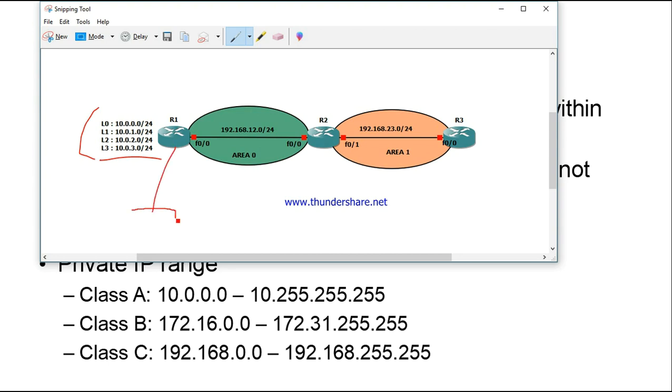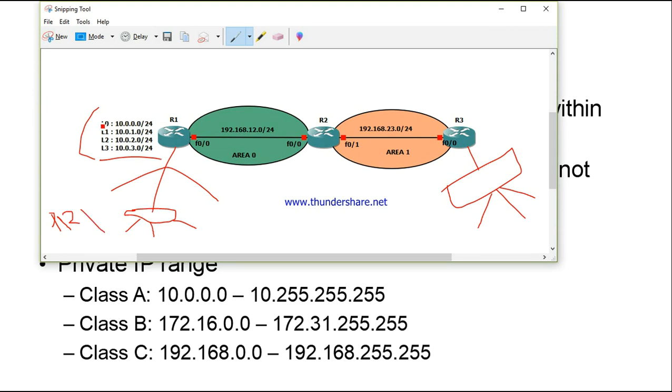Let's consider you have a switch that is connected to 3 computers, 3 hosts, and at the same time you have another switch connected to 2 hosts. Here you will configure a private IP address segment. From this entire network you will be configuring a private IP address. So this is where the private IP address plays. Here you will be using a private IP address.